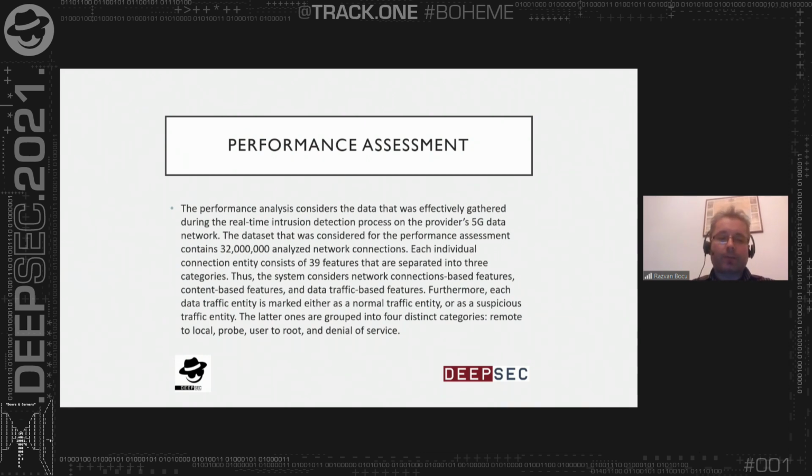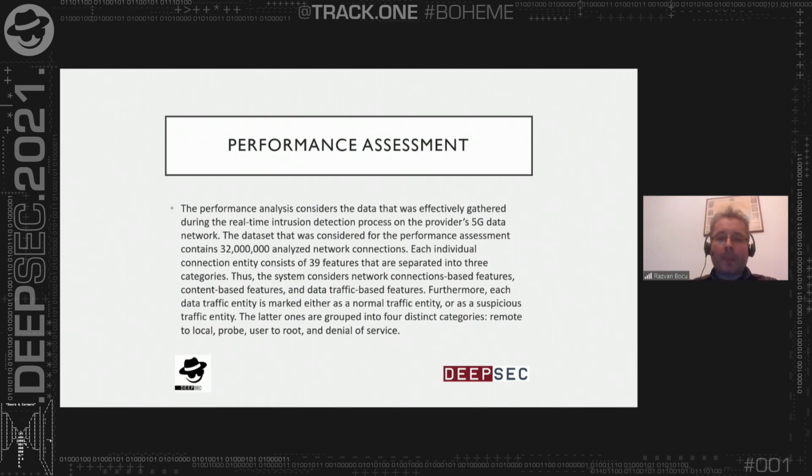What I would also speak about are some technical details concerning the performance assessment process. So the performance analysis process, which supported the iterative development of this system, considers data that was effectively gathered during the real-time intrusion detection deployment.